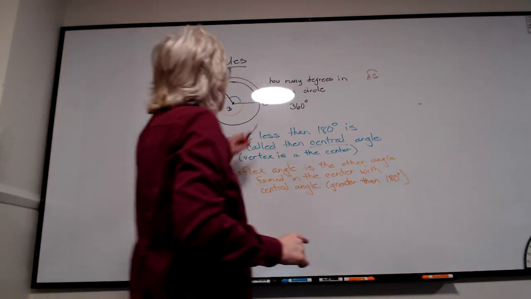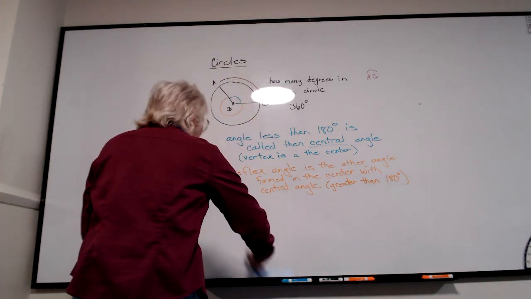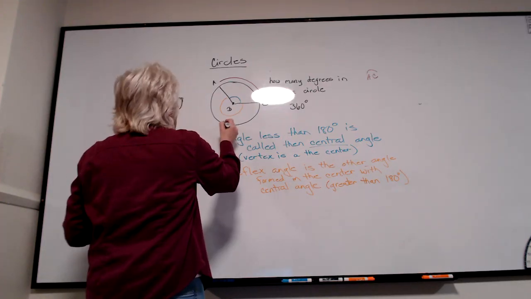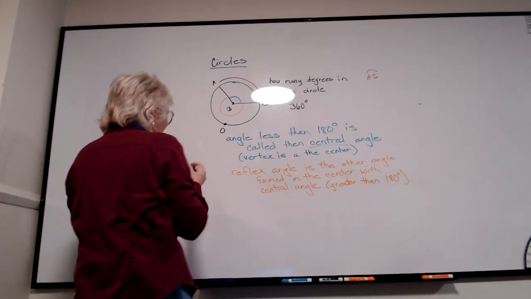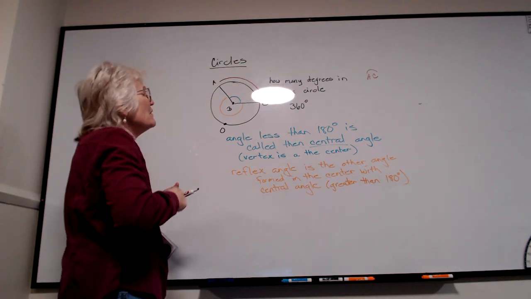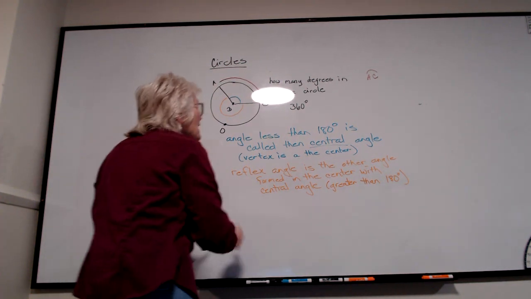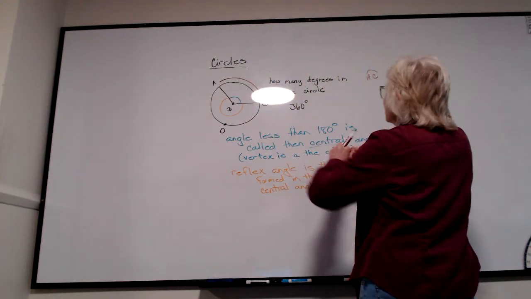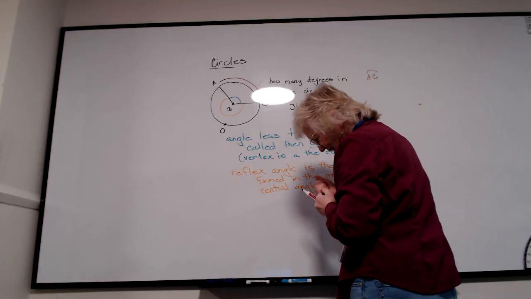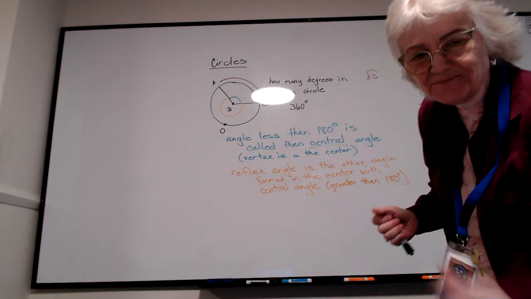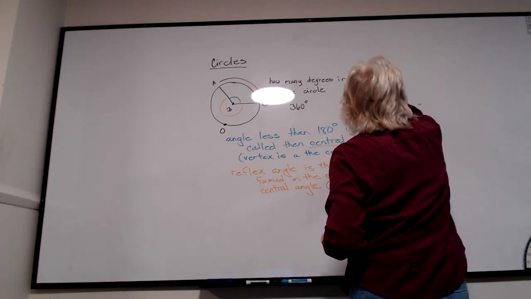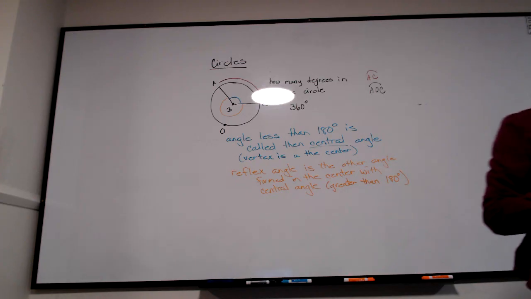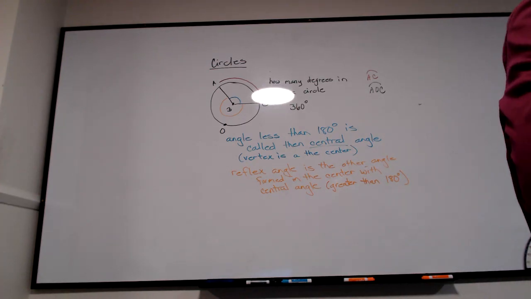If I wanted to refer to this, I would have to put another point on it, and if I said O, then I could refer to the bigger one as arc AOC. That's the other arc that you have.